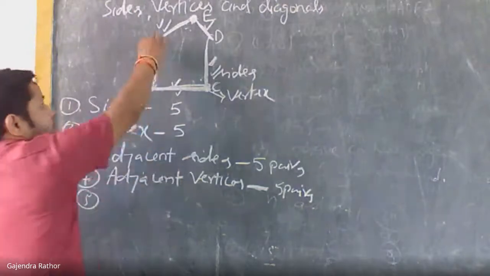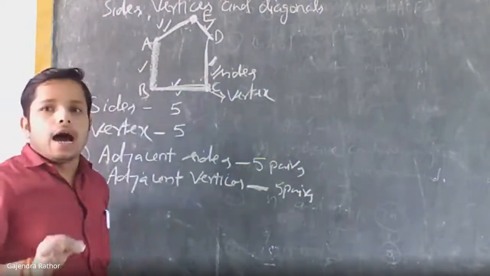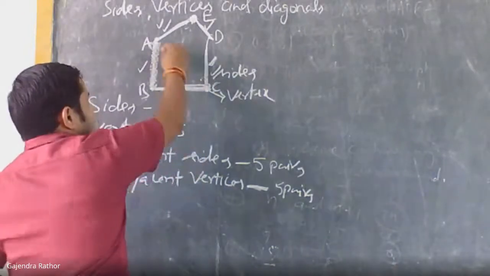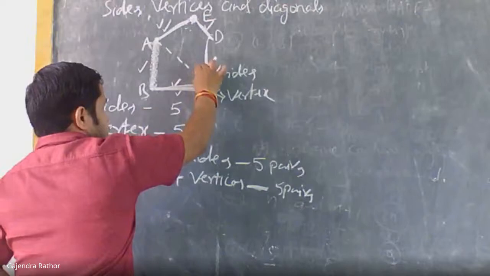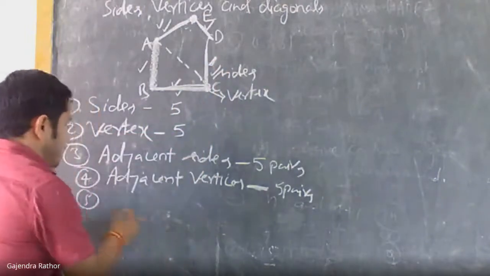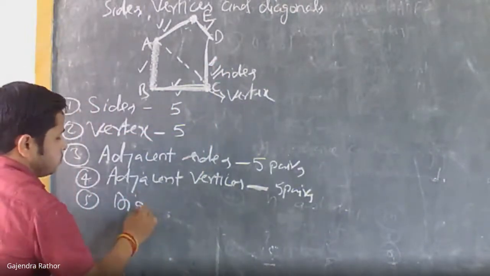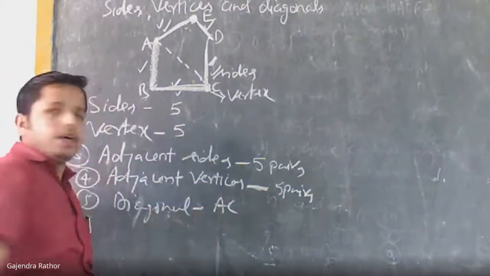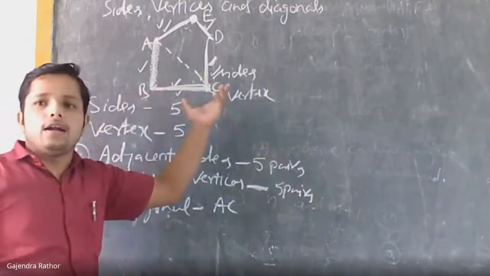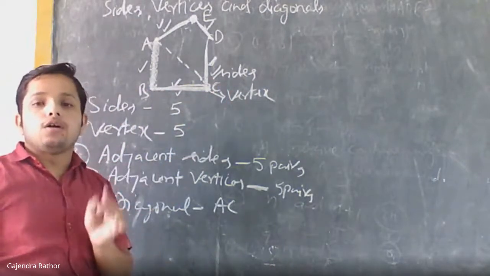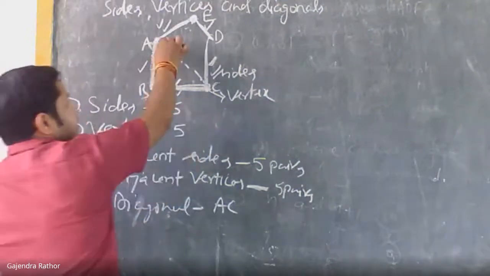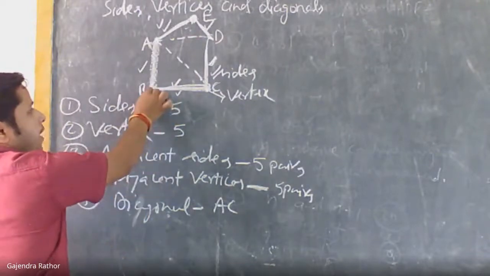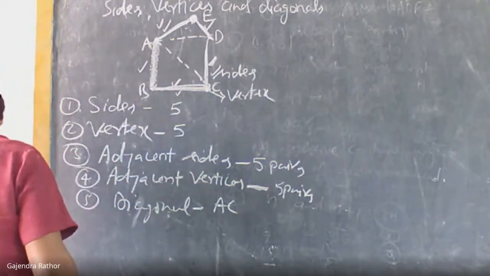Let's see. First, A and C are not adjacent vertices. So we are joining A to C like this. So AC is a diagonal. Now we can join all other vertices, but remember, not adjacent. Next we can draw from B also.